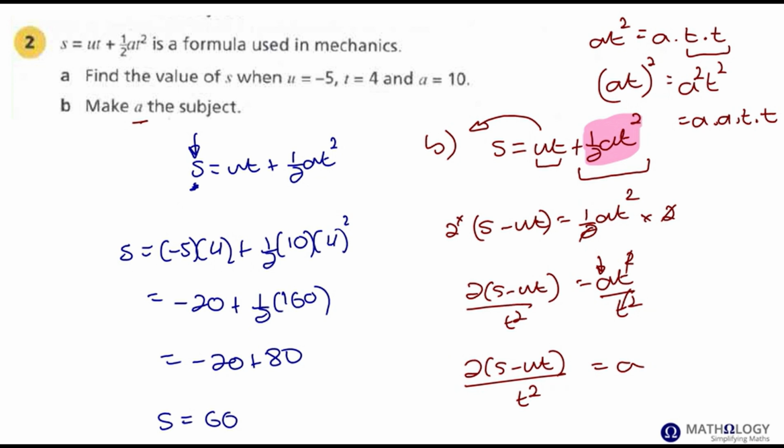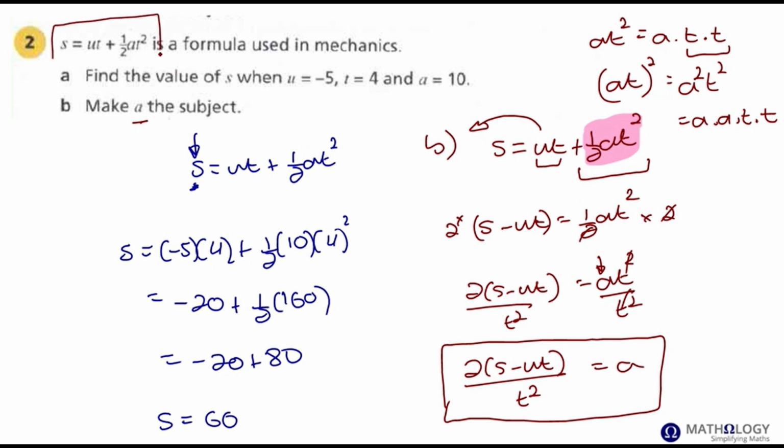Now, a is the subject of the formula because we have a expressed in terms of the other variables there. In this expression over here, s equals ut plus half at squared. S was the subject. We've taken this formula, rearranged it such that a has now become the subject.